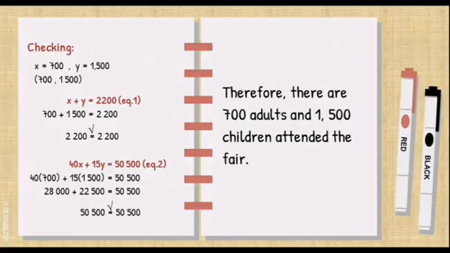So substitute x with 700 again and y with 1,500. 40 times 700 is 28,000. 15 times 1,500 is 22,500. When added, we get the same result, 50,500, which are equal. Therefore, there are 700 adults and 1,500 children who attended the fair.